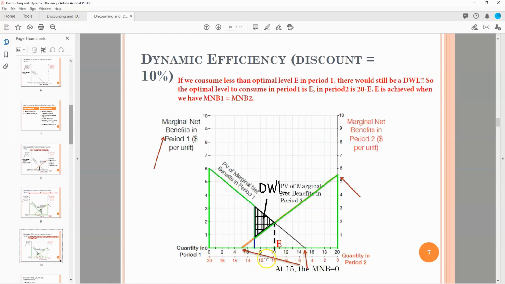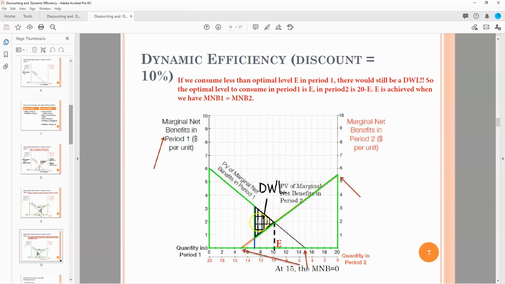Suppose we choose to consume less in period 1. We only consume 7 units in period 1 and consume 13 units in period 2. Then the total net benefits will be enclosed by the green lines, and comparing to the optimal level of consumption, there will still be a deadweight loss.